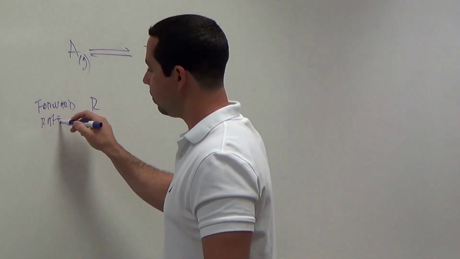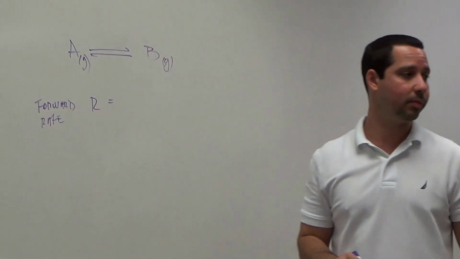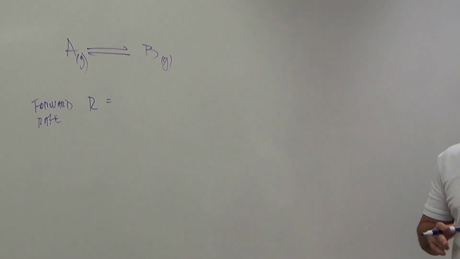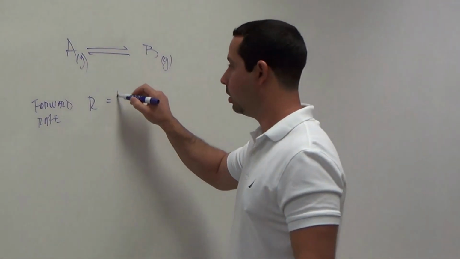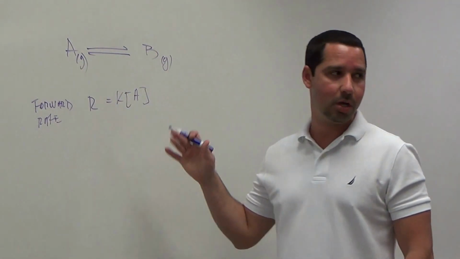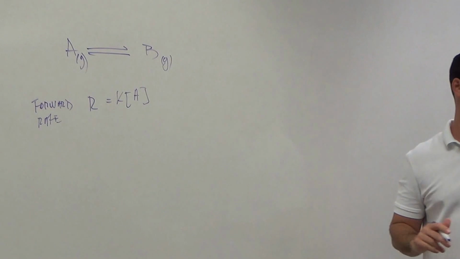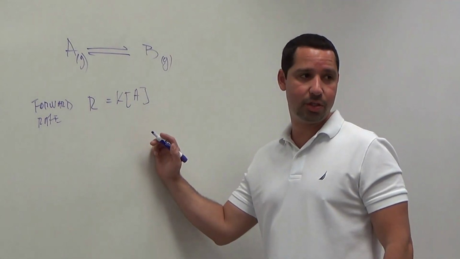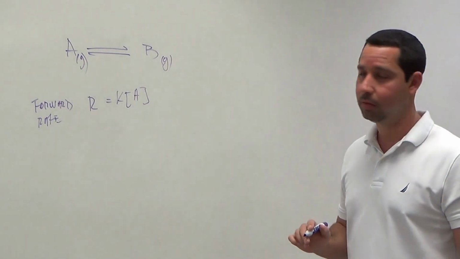Tell me, what is the equation for the forward rate? Guys, rate from kinetics. Rate is equal to k times the concentration of the reactant, A. Let's say I put a 1 on top of it. We're not talking about orders. It's whatever order. It doesn't matter.